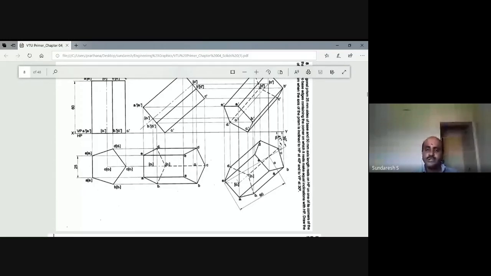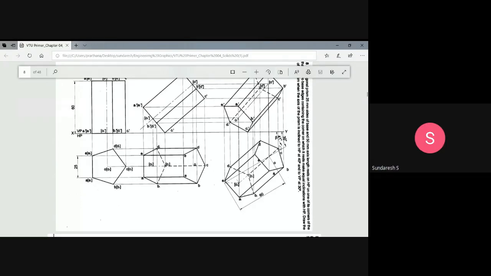So the procedure will remain the same. First, mark the actual length of the axis on the 30-degree line, draw the locus line, then measure the apparent length of the axis from the second position top view, and with O as a center, cut it.